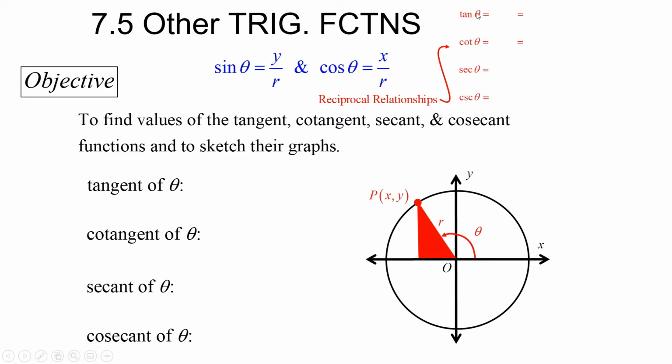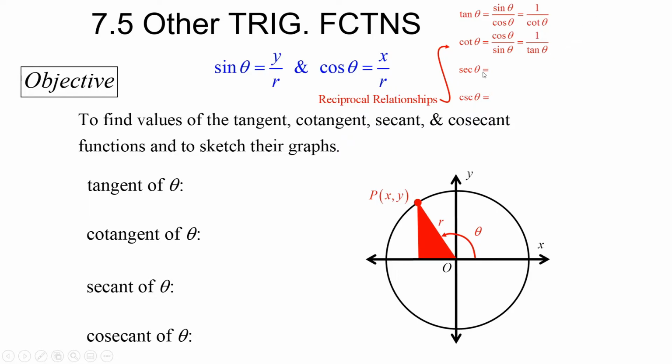So the reciprocal relationships, here they are. Tangent of theta equals sine of theta over cosine of theta, or also 1 over cotangent of theta, just in case they gave you cotangent of theta. Now, cotangent of theta is cosine of theta over sine of theta, or if they gave you tangent of theta already, to get cotangent of theta, I go 1 over tangent of theta.